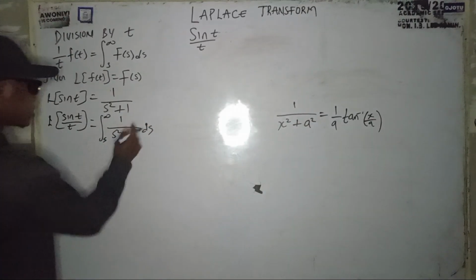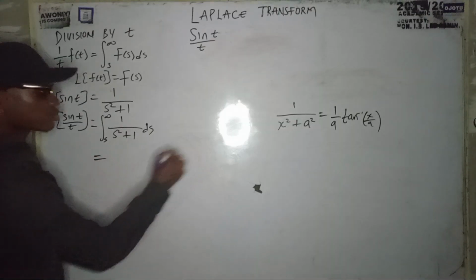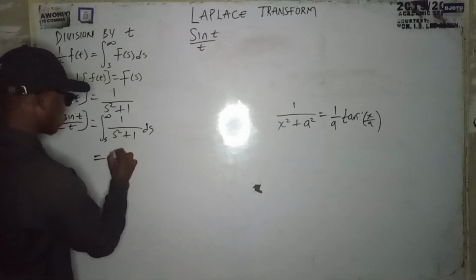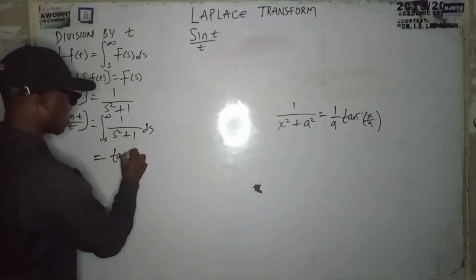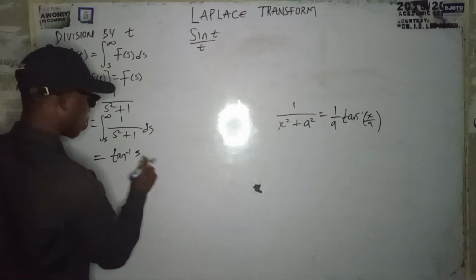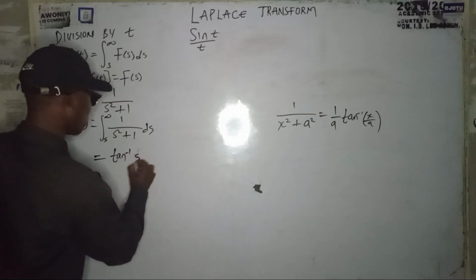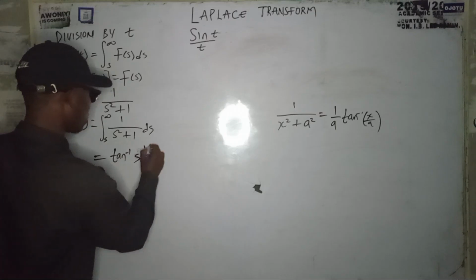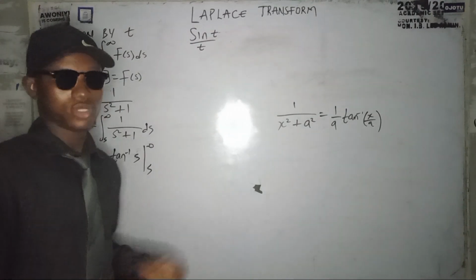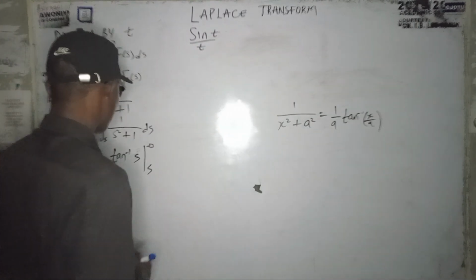So if we integrate this, we are going to have 1 over 1, which is still 1, times arctan of s over 1, which is arctan of s, from s to infinity. So this is what it looks like. Now let us continue with this.